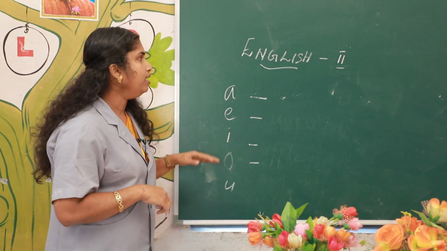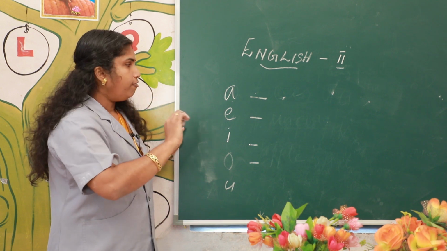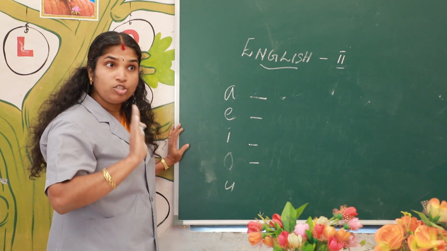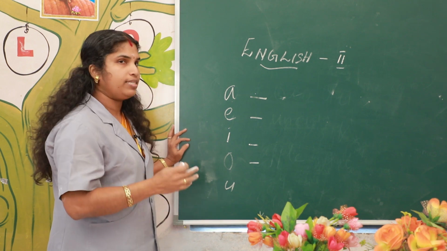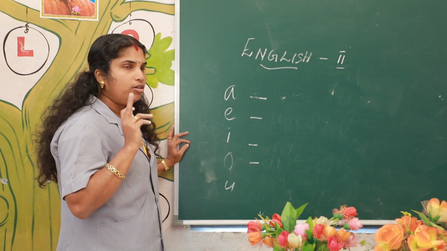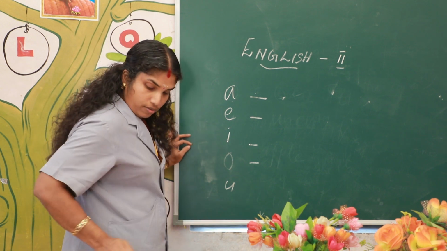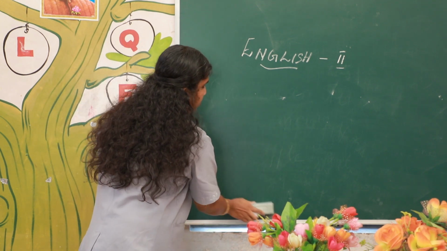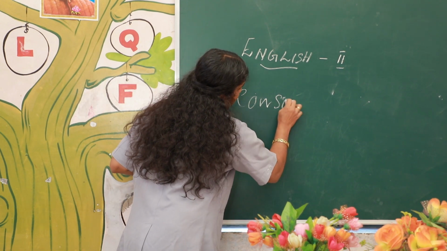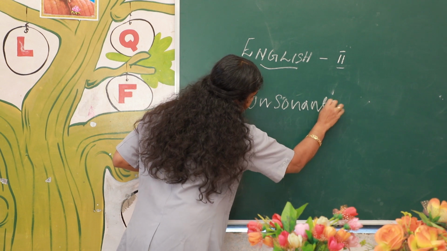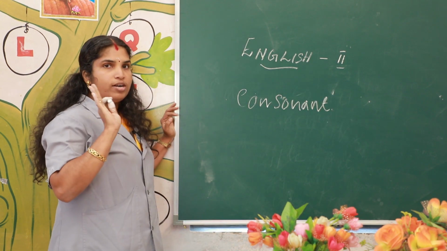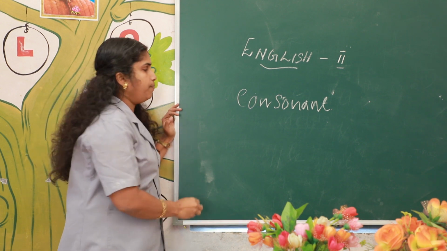The vowels are A, E, I, O, U. The rest of the letters after the vowels are called consonants. How to read it? Consonant. Which are they?